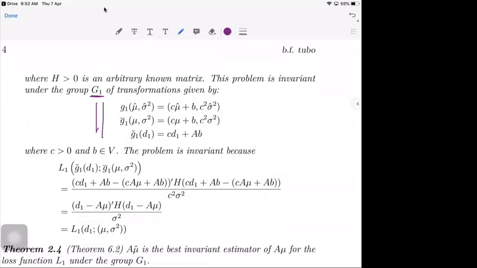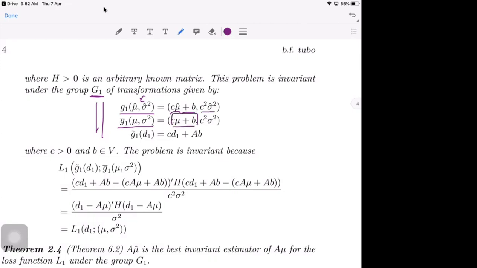So unsa man ni nahitabo. So ang transformation sa imuhang estimator mu hat ug sigma hat, sa mean pwede nimo adan og B, and your covariance matrix becomes C squared sigma squared. And then sa parameter similar ra sila.